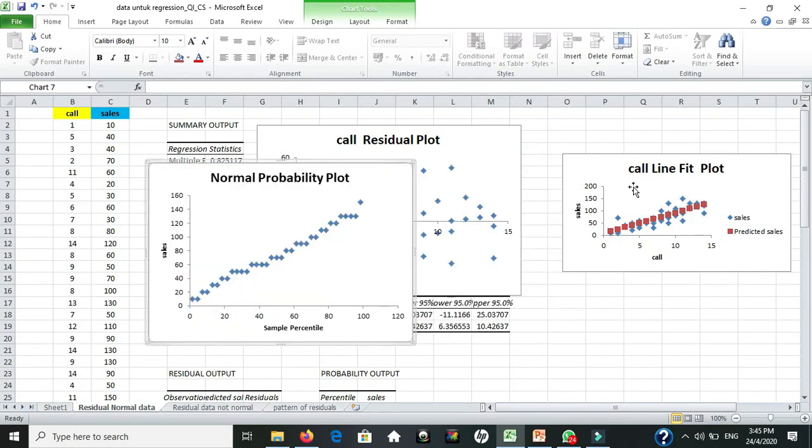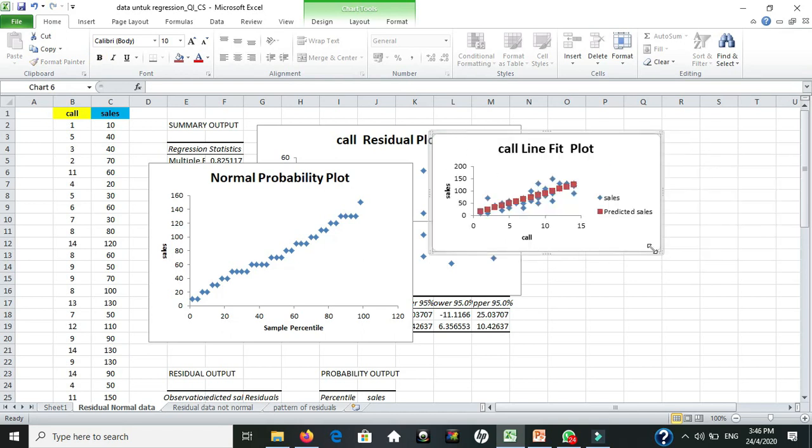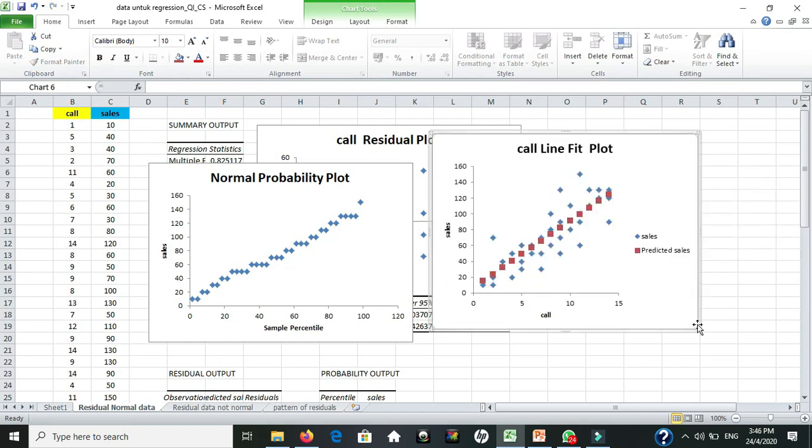Next, we can also see the third plot here. I make it bigger. This plot shows the actual plotting of the data between the X calls and the Y sales.